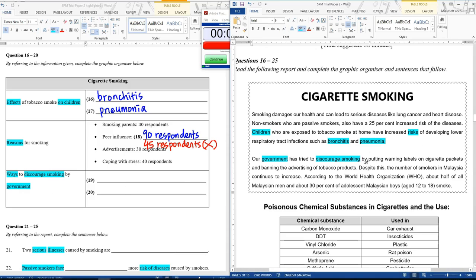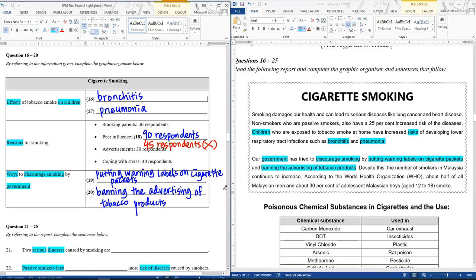The first one would be putting warning labels on cigarette packets. So your answer for question 19 would be putting warning labels on cigarette packets. And the next one, banning the advertising of tobacco products. So this one would be your answer for question 20.